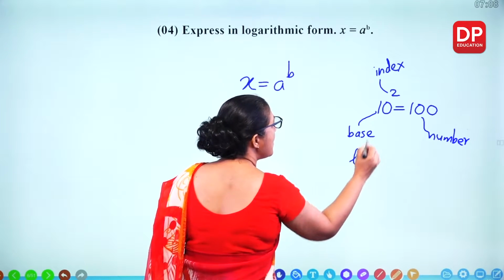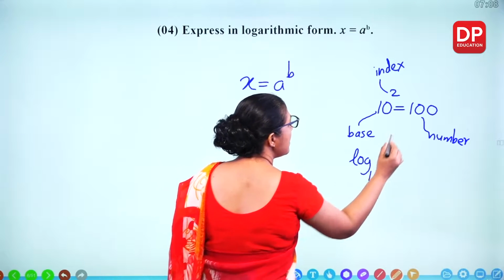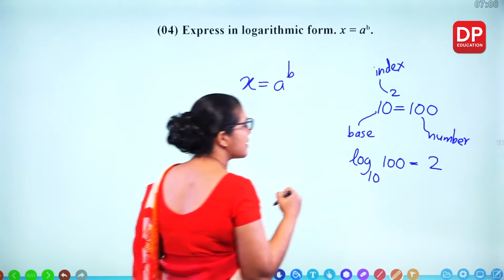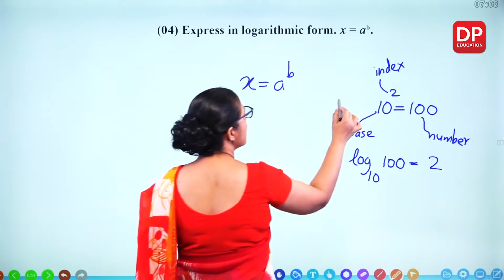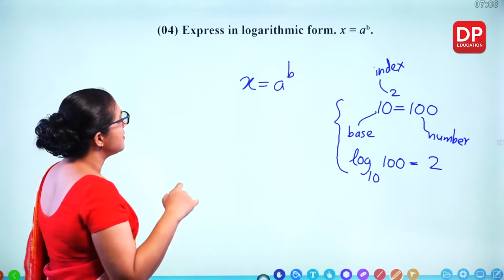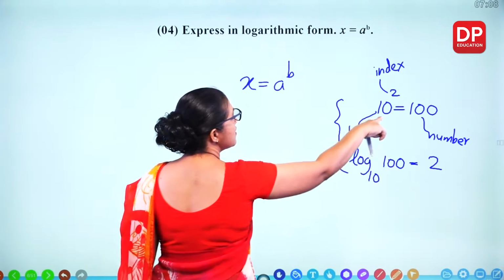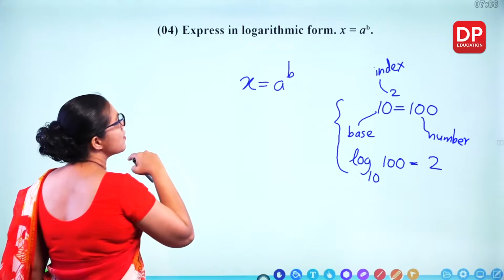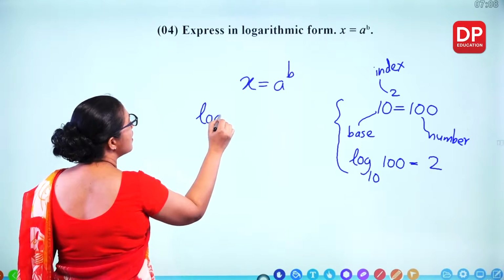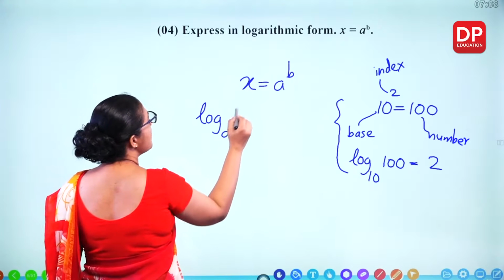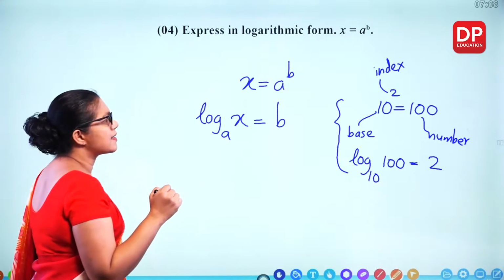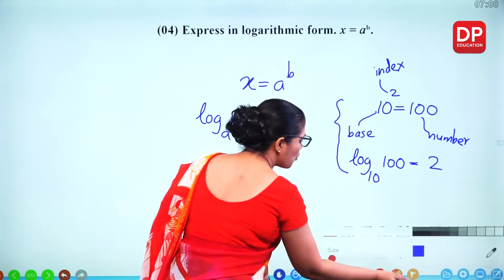Log, the base goes here, 10, and the number here is equal to the index. So remember that. This is the index notation. So the base is a. So log to the base a of x is equal to b, the index. So 2 marks.